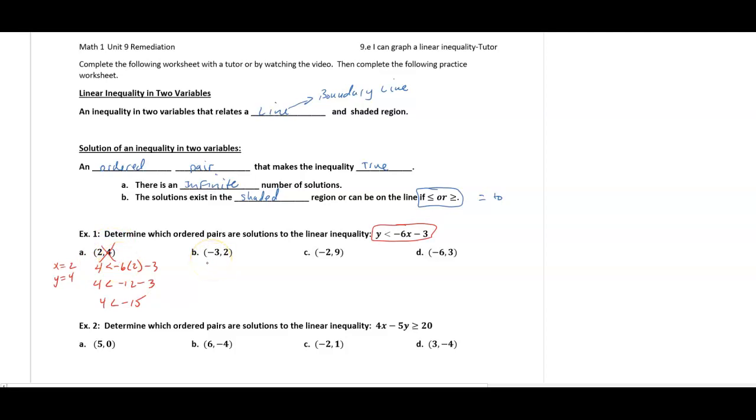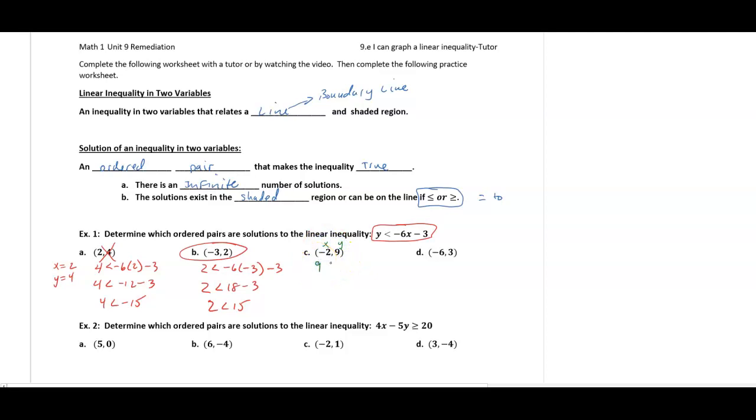Next one. If I take 2, is 2 less than negative 6 times negative 3 minus 3? Is 2 less than 18 minus 3, which happens to be 15? Is 2 less than 15? Yes. Therefore, that is a solution. The next one. Here's x, here's y.